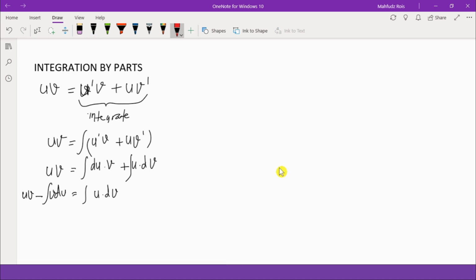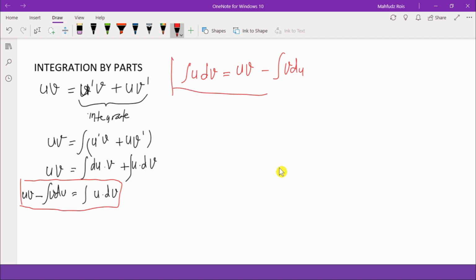The common formula is the integral of u dv equals uv minus the integral of v du.